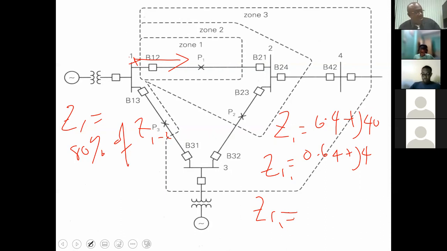So it'll be 4 point something at an angle of, and because it's a line, the angle would be somewhere around 70 or so. So it's 4.051 at an angle of 80.91 degrees. Right? And of course, that's ohms. So the setting on the relay would be that 4.051.